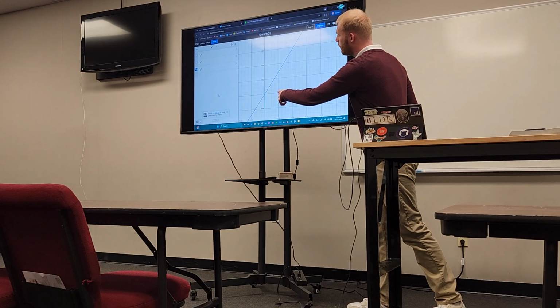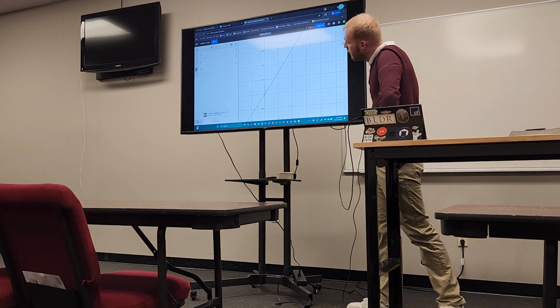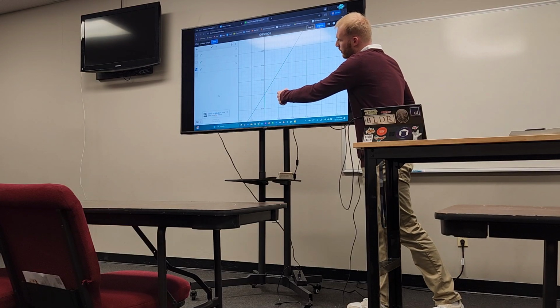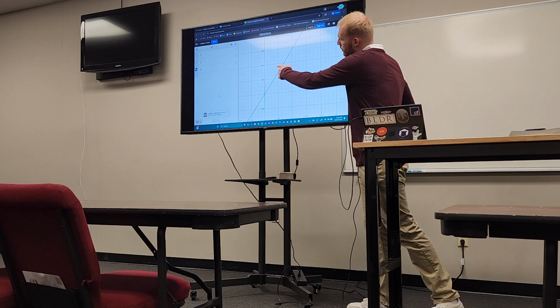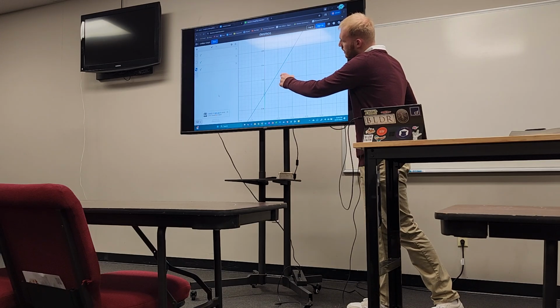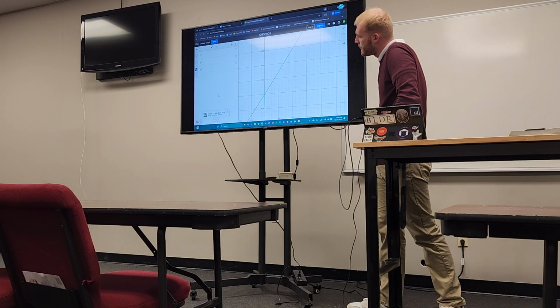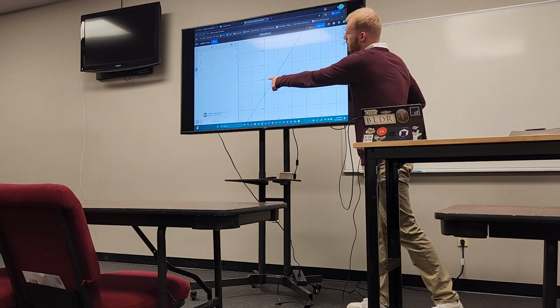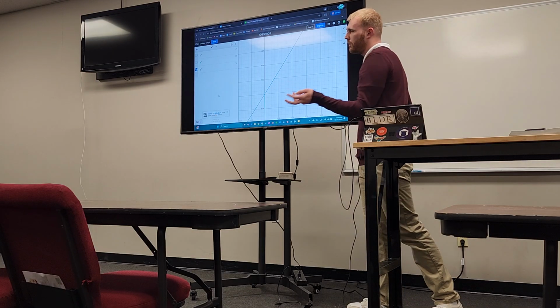If this is 1 unit, how many units do we get? It rises 1 and comes over 3/4, kind of. For every unit we go this way, we go 3/4 to the next unit. Well, let's just do 1 unit on the x.